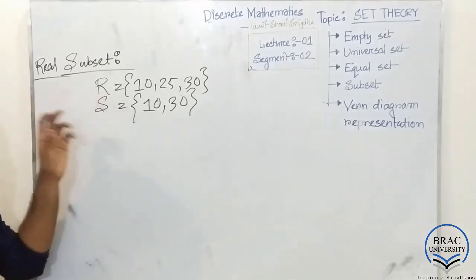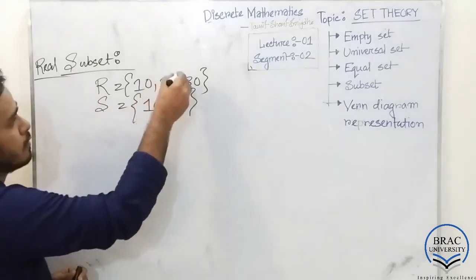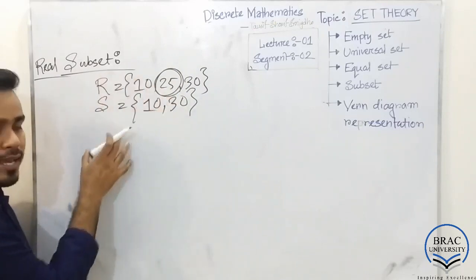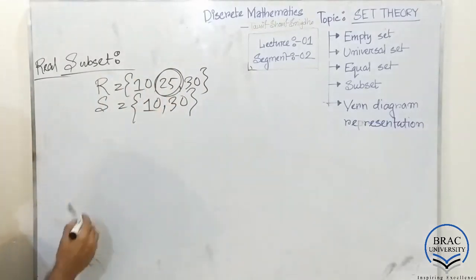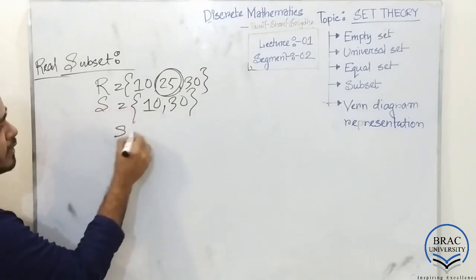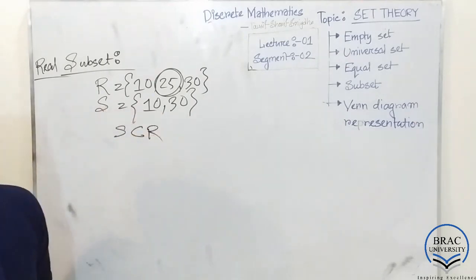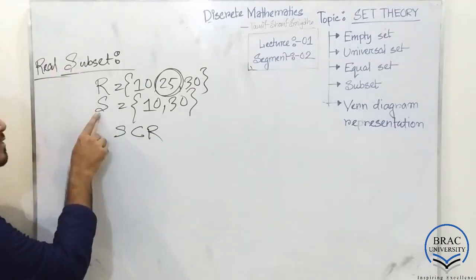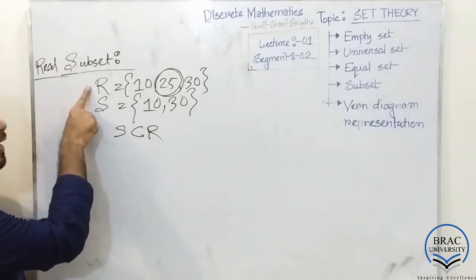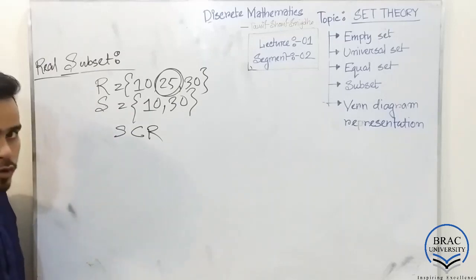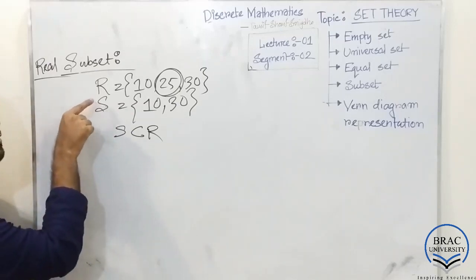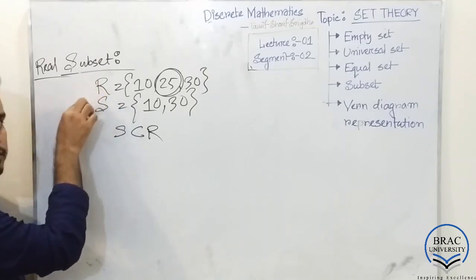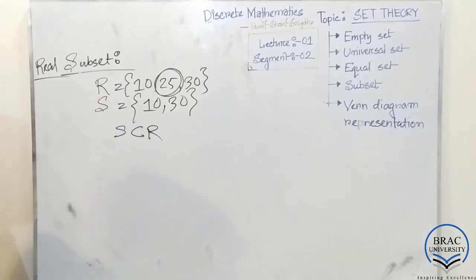No, because there is an element in R that doesn't belong to set S, but S is already a subset of R. So what is a real subset? When a set is a subset of another and both of them are not equal, then the first set is called the real subset of the second one, right?